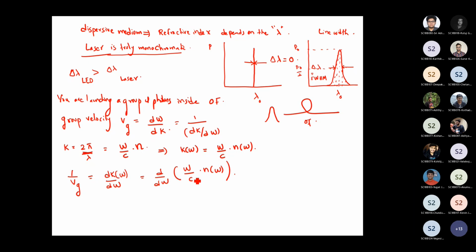If I take the differential with respect to omega, this becomes 1 by c into n of omega plus omega into d by d omega of n of omega.